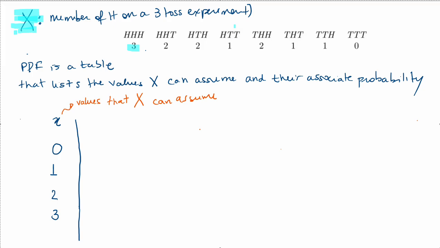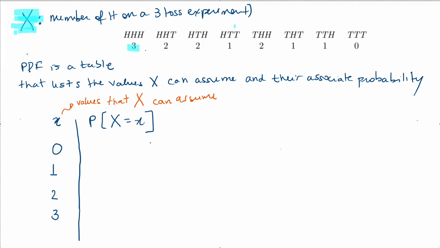So capital X is your random variable. It represents the outcomes of your experiment, and it can assume little x, which could be 0, 1, 2, or 3. Okay? Now, the PDF has another column, and you will see this other column like this.